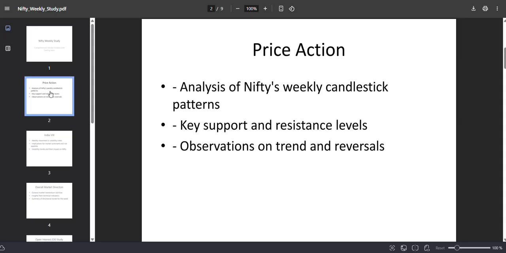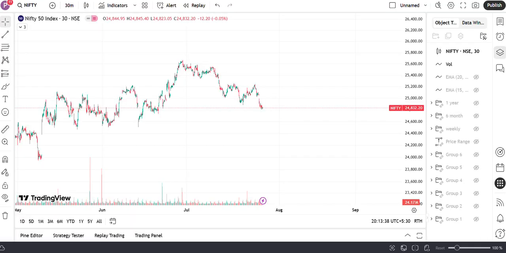So first pointer is price action. Let us see where Nifty is going and what the support and resistance levels are. If you see Nifty, after reaching a high of around 26,25,600 level, market is continuously falling, and then market is making higher lows.